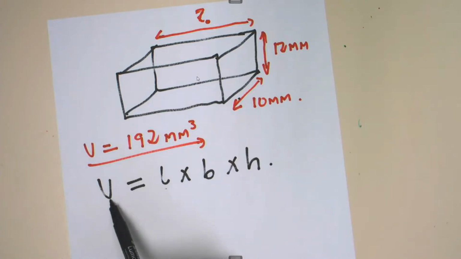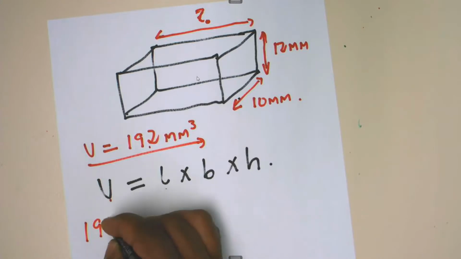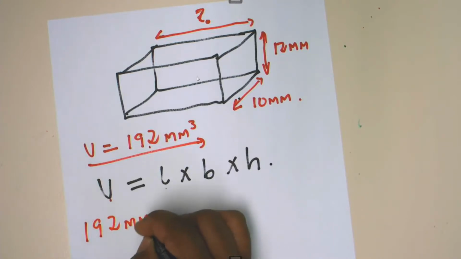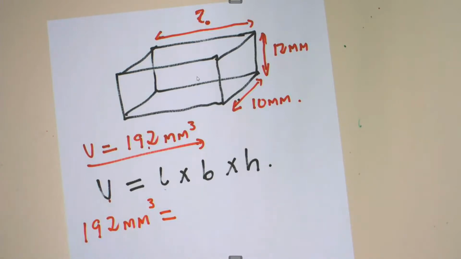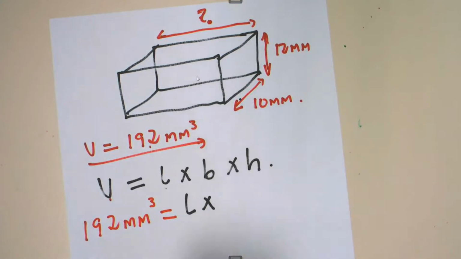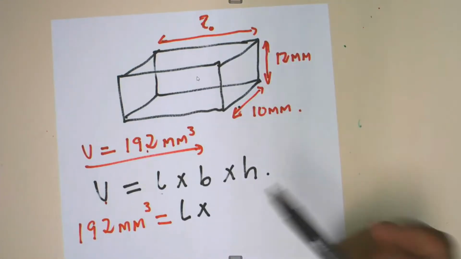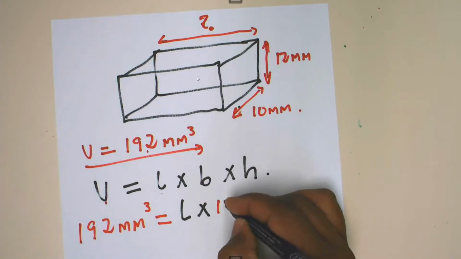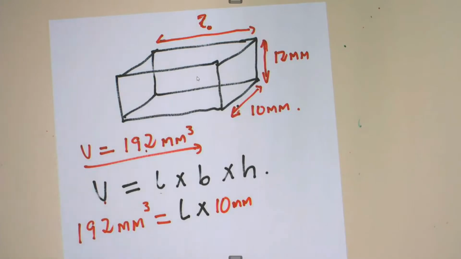The volume, which has been calculated, is 192 millimeter cubed, which equals, the question is saying, what is the length? I don't know the length, therefore I put L there, but the breadth is given as 10 millimeters.